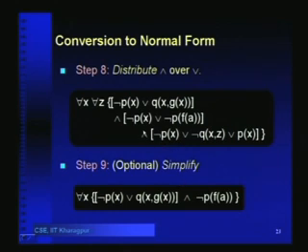This is an optional step to obtain not of Px or Qx Gx as one clause and not of PFA as the other clause. How do we get this from this?